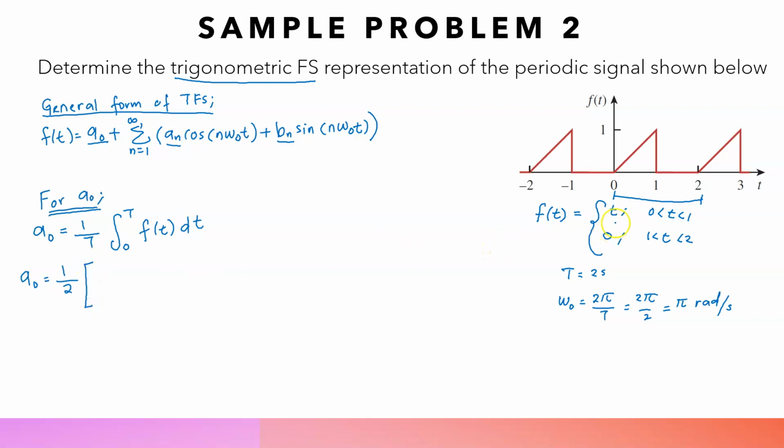Now we have the mathematical definition divided into 2 parts. So we integrate from 0 to 1 second, f of t is t dt, plus for the second part, 1 second to 2, f of t is 0 dt. This part, the whole thing, will become 0. So you are left with 1 over 2 integration from 0 to 1 of t dt.